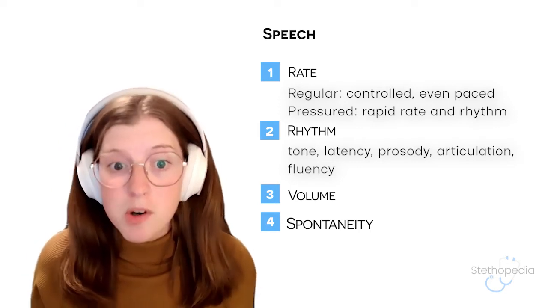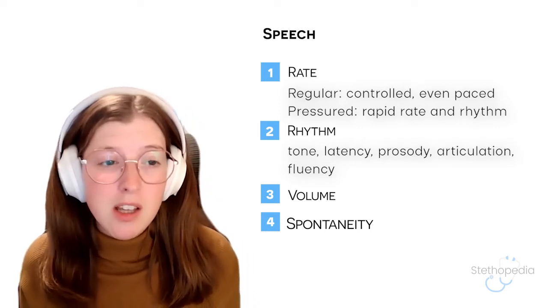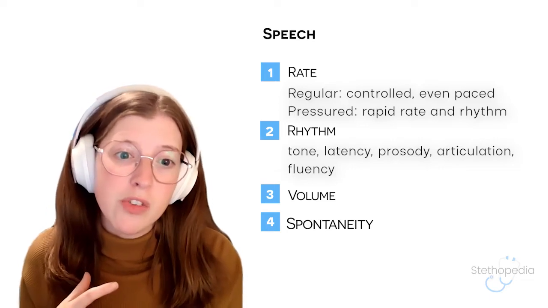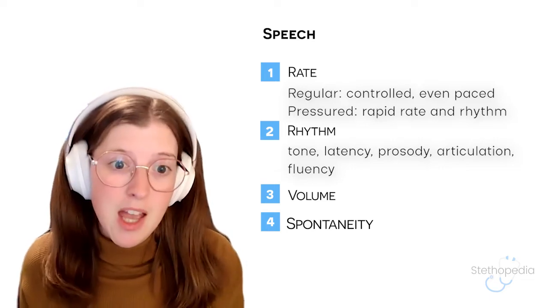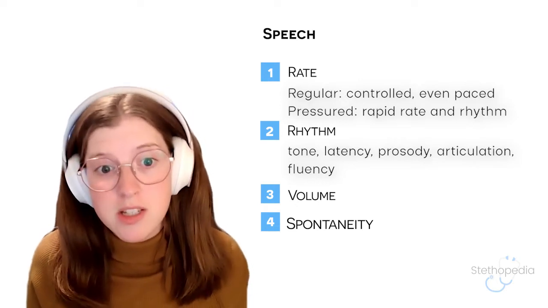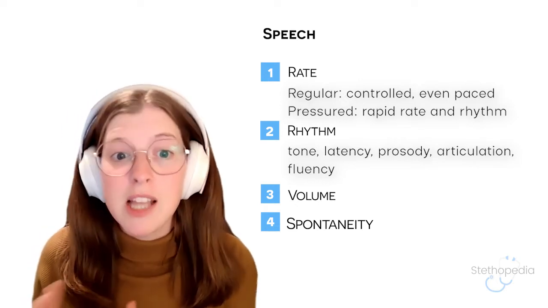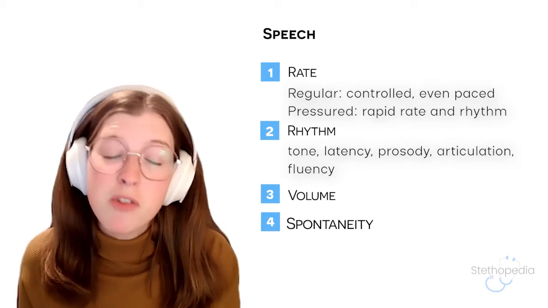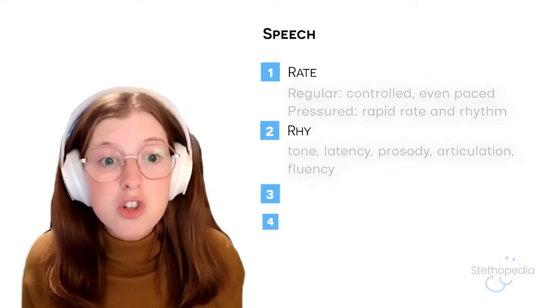Thought form or thought process is a comment on someone's thinking, and it is a sign of whether they are organized or disorganized. And so that would be commented on later on in the assessment. But for the purposes of speech, we're concerned with the mechanics of speech.